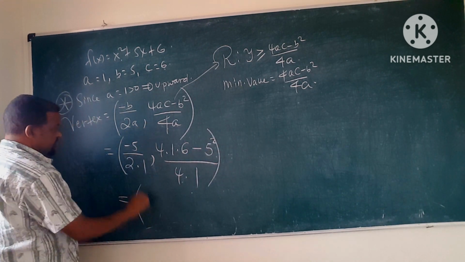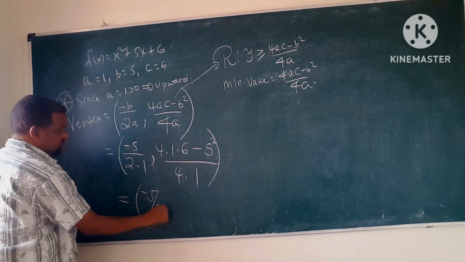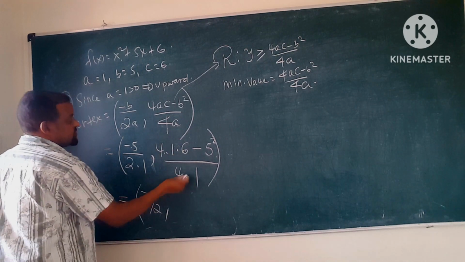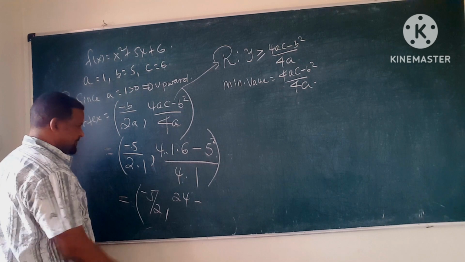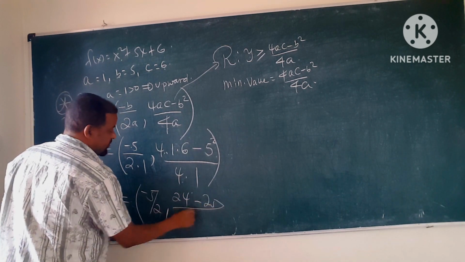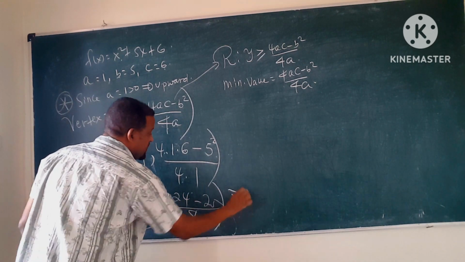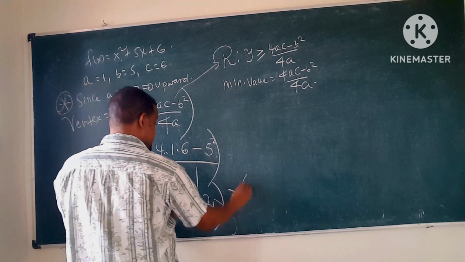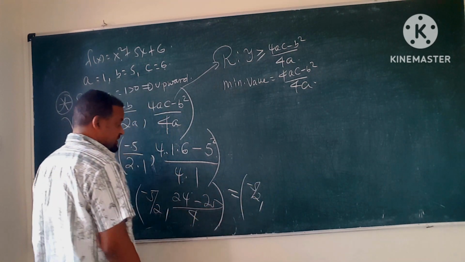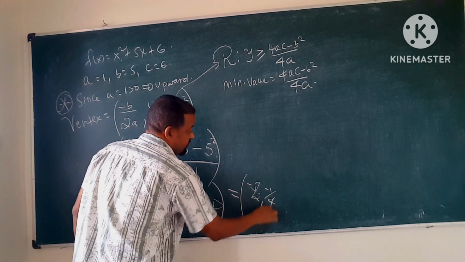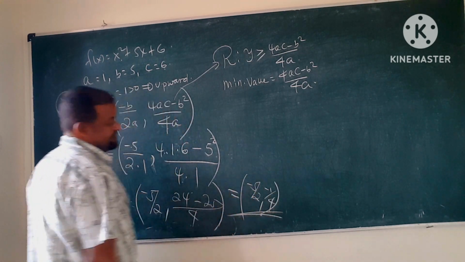So this is negative 5 over 2, and 4 times 6 is 24, minus 5 squared is 25, over 4. So that will be negative 5 over 2 and, from 24 minus 25, negative 1 over 4. This is the vertex.